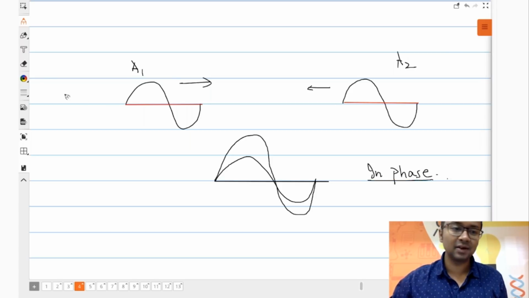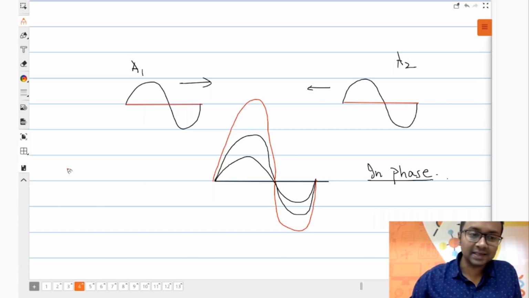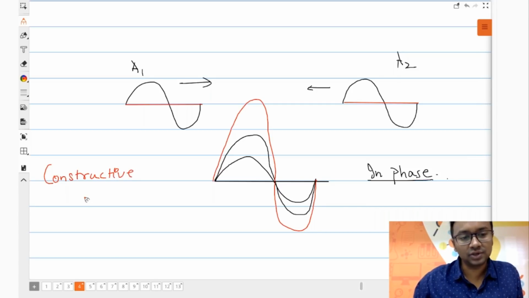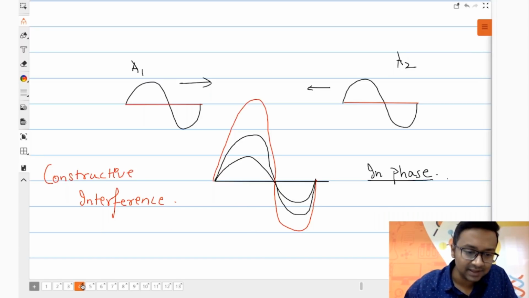And as a result, what happens, my dear students? The net resultant is something like this. So this is basically called your constructive interference.